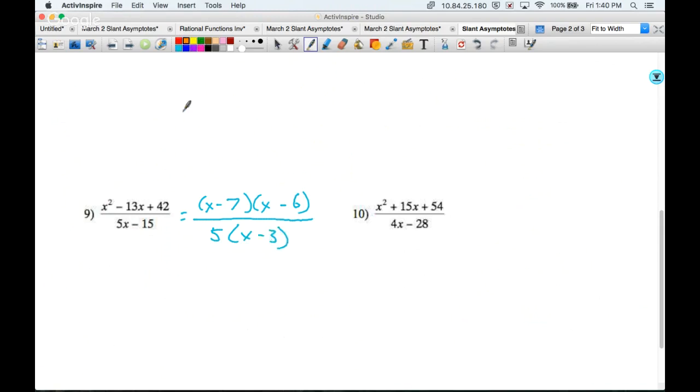So we know this has got a slant asymptote because the 2 is 1 bigger than the 1, but nothing's going to cancel here. So what we have to do is long division. But let's finish writing this out. So this is going to be our simplified form here.